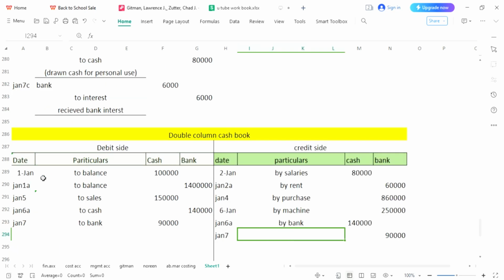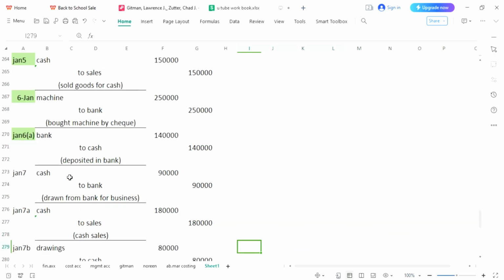Cash. So just mention cash over here. So guys, in this way, January 7, both entries have been completed. Cash was debit, we have posted on debit side of cash. Bank was credit, we have posted on credit side of the bank. Here we are marking it as it has been done.